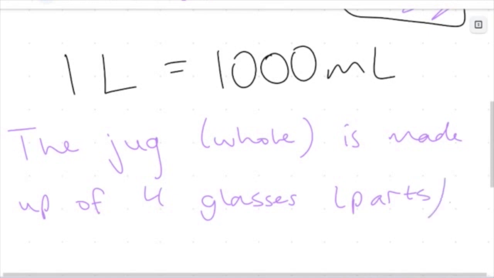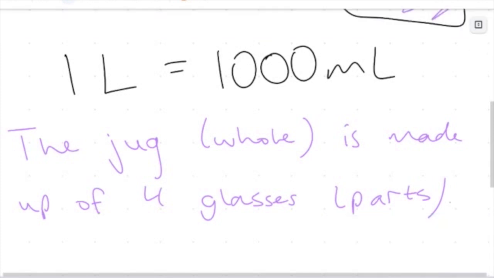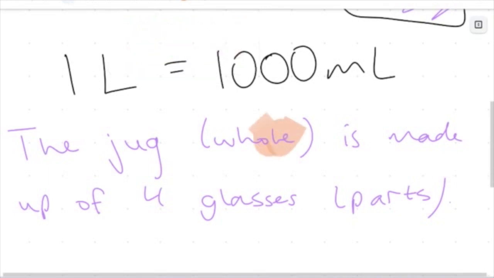Now, I've been very careful in my terminology here to give you a little hint, like a wink, wink, nudge, nudge, as to what we're going to be looking at. So you can probably see here the wording I've used, this idea of a whole and this idea of parts of a whole.